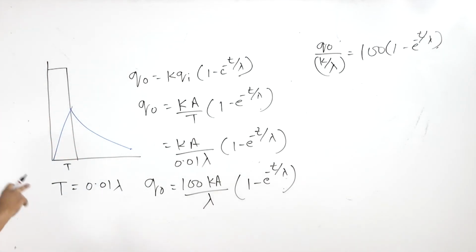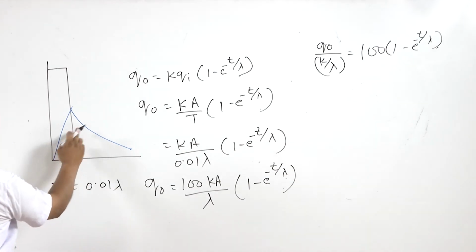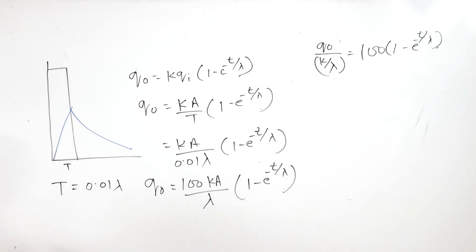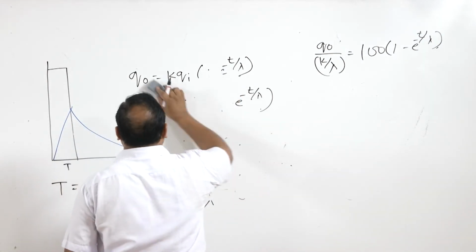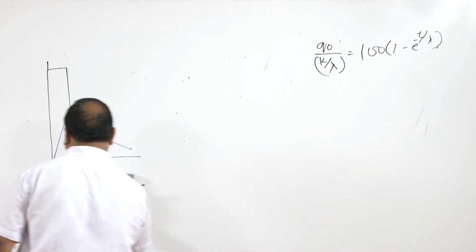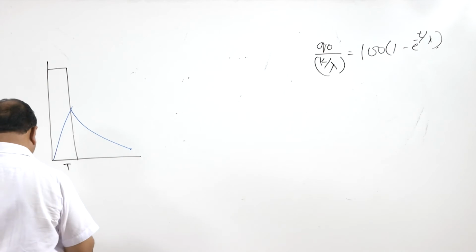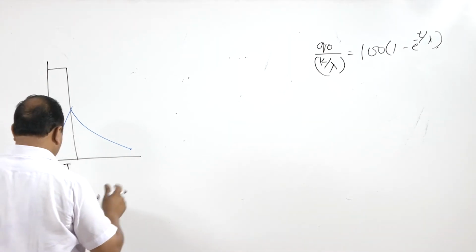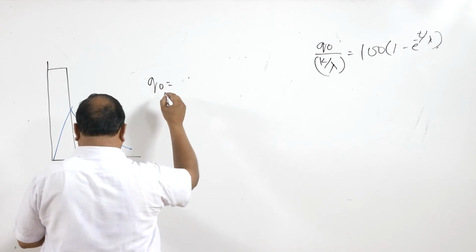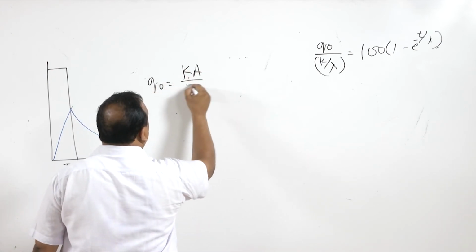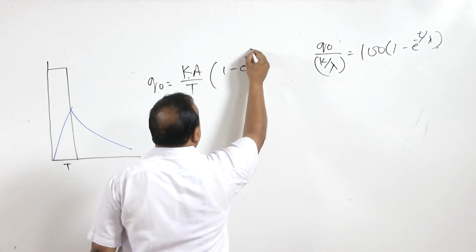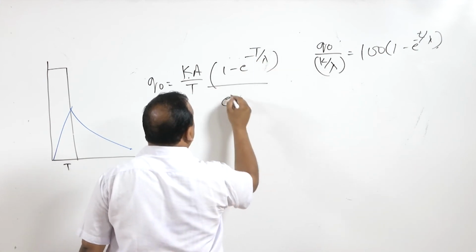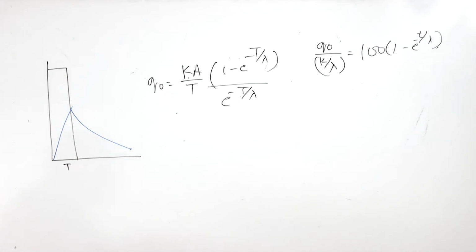Now the second one, beyond this, we have another approximate solution, and that approximate solution is Qo is equal to K A by T (1 minus e raised to power minus T by lambda) divided by e raised to power minus T by lambda. This is the approximate solution for this region.